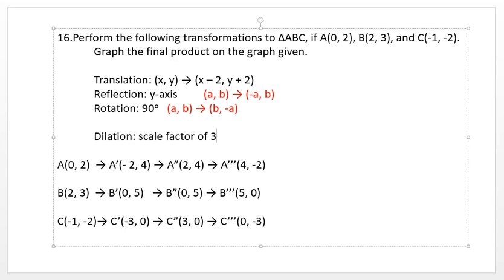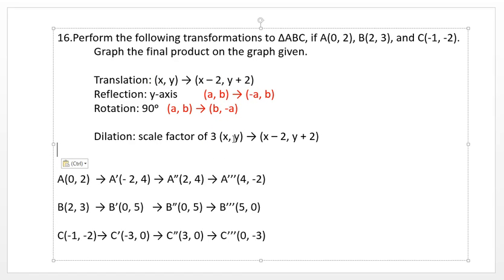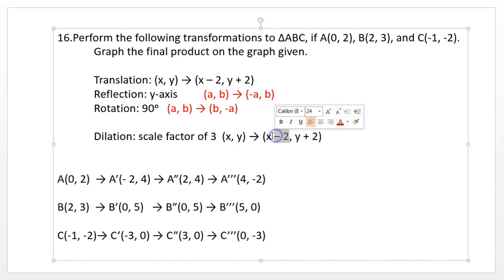So what you do with that scale factor is this right here. Sorry, I'm going to copy and paste this real quick. This is what your rule is going to be for this one. Using that scale factor, you're going to just say 3 times x and 3 times y.